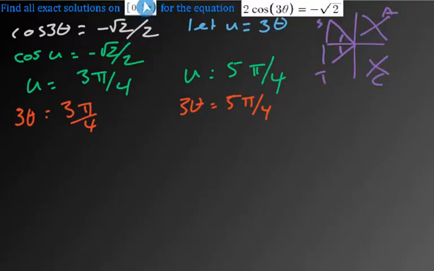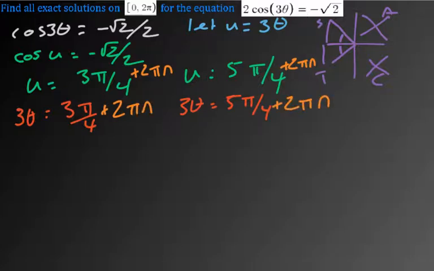We are only concerned with the solutions between 0 and 2 pi, but because we're chopping it up into 3 in a second, we're going to divide by 3, there's always this plus 2 pi n in these problems, and we're going to chop that up into 3 also. And so it could change, and it will change, how many solutions we get in one full circle. So you'll see what I mean here.